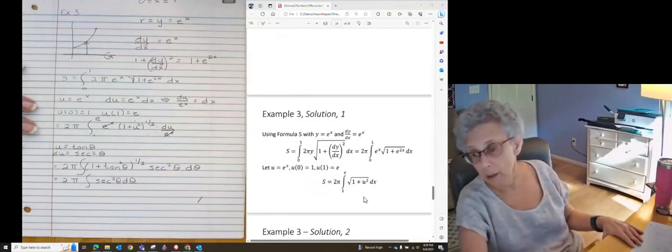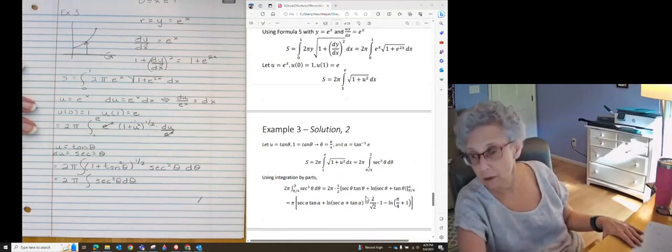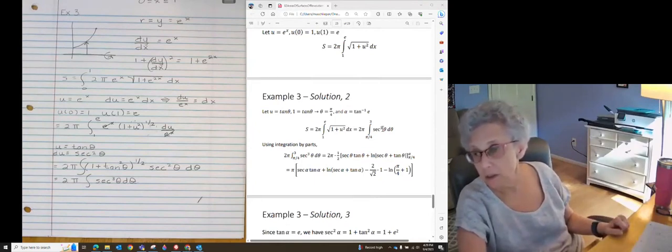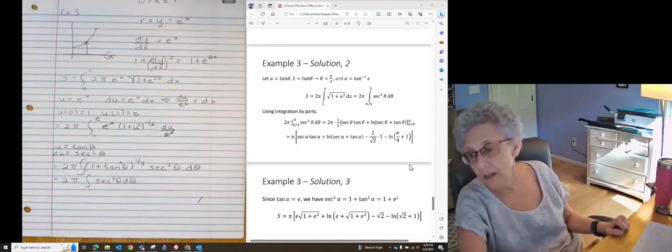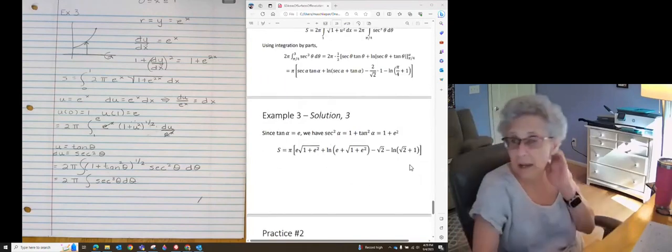And I'm going to go ahead and look at my answer here. Yeah, I get pi times secant cubed, and I end up having to use integration by parts, and then I have to bring everything back.